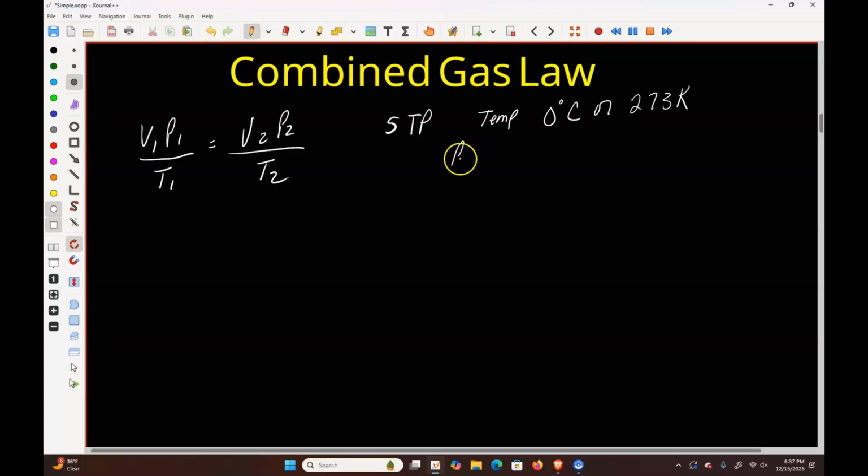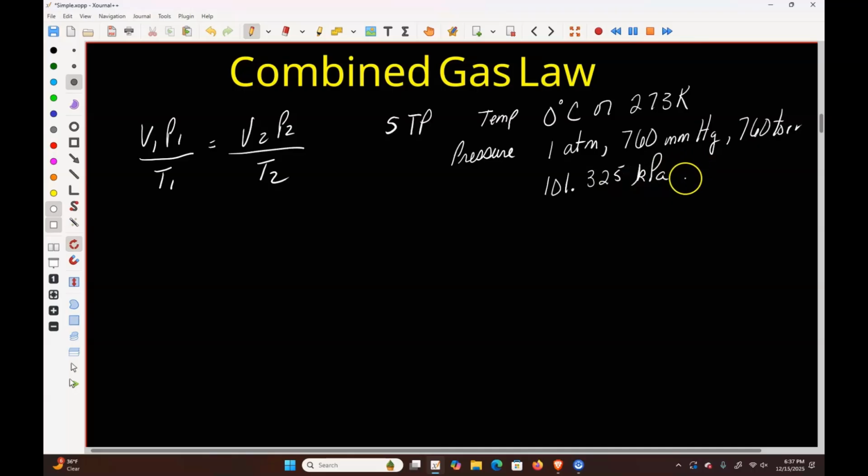All right, for pressure, we can have several things here. We can have 1 atmosphere, 760 millimeters mercury, 760 torr, 101.325 kilopascals, 101.325 pascals.